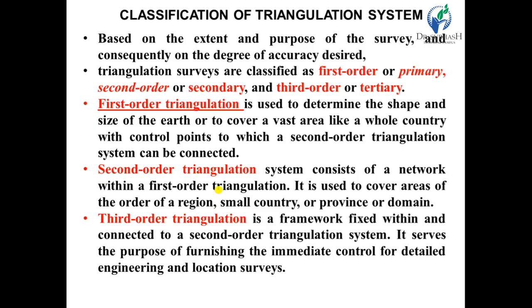The second order triangulation system consists of a network within the first order triangulation. It is used to cover areas of the order of a region, small country or province. Third order triangulation is a framework fixed within and connected to a second order triangulation system. It serves the purpose of furnishing immediate control for detailed engineering and location surveys.